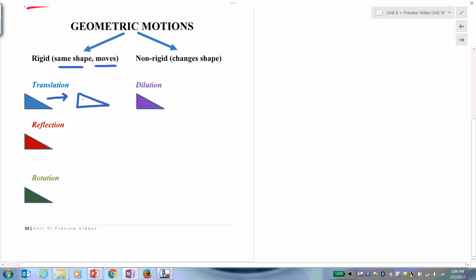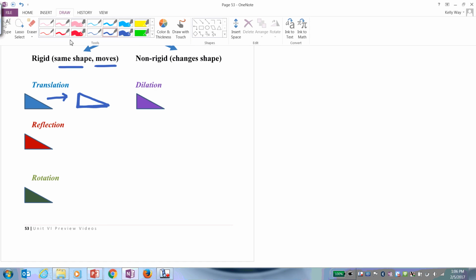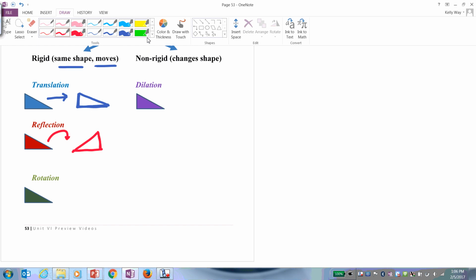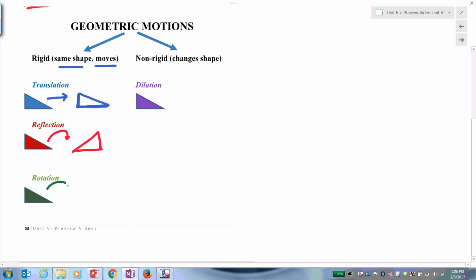So the shape stays exactly the same, it just slides. And we have reflection, which is the flip. Again, the shape stays the same, it just reflects. And then we have rotation, which is turn. Again, the shape stays the same, but it simply moves. So we have translation, reflection, rotation: slide, flip, turn.